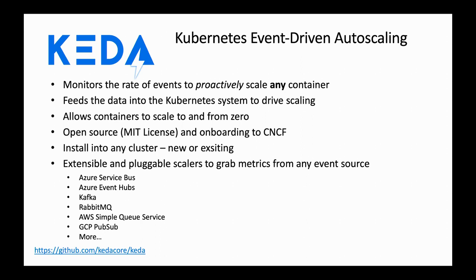Now KEDA, Kubernetes Event-Driven Autoscaling, is an open source component that you can install onto any Kubernetes cluster. It could be Azure Kubernetes, it could be on Amazon or Google or on premises or on a Raspberry Pi.